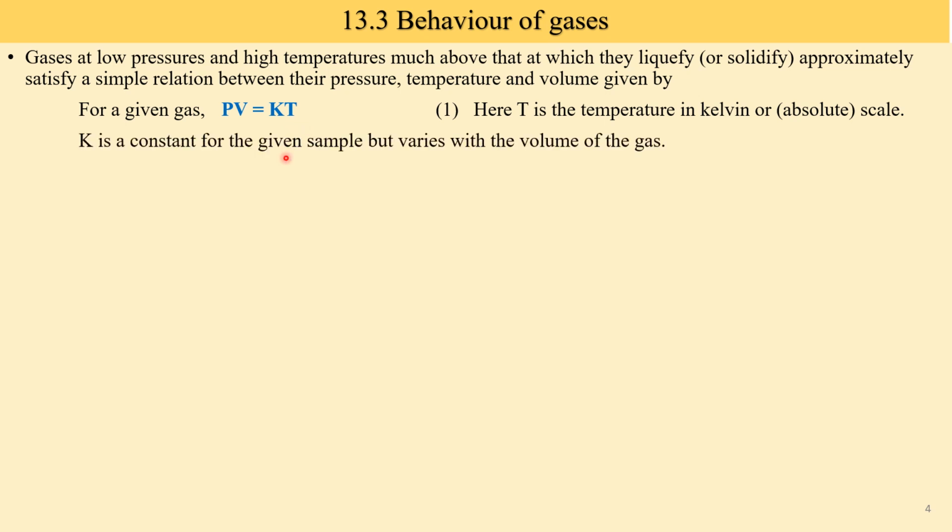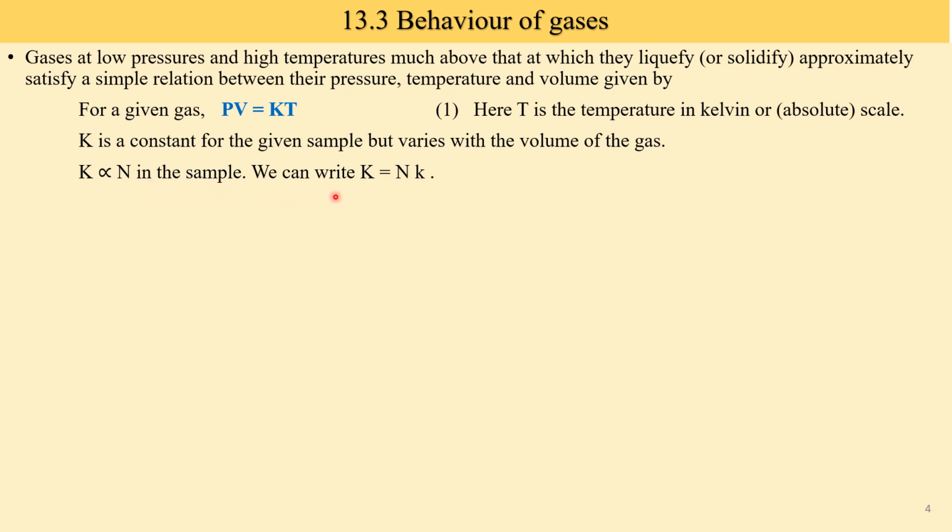K is a constant for a given sample, but K itself varies with the amount of gas. That is, K is proportional to N, the number of atoms, in the sample.